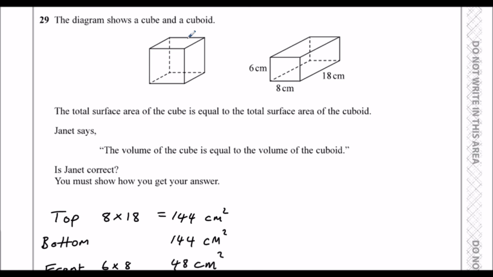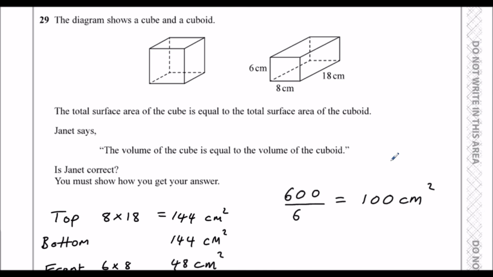So we know the surface area of the cube is 600 centimeters squared, and the cube has got 6 equal surfaces. So the top, the bottom, the side, the front, the back, they're all equal. So 600 divided by 6 means each one is 100 centimeters squared.